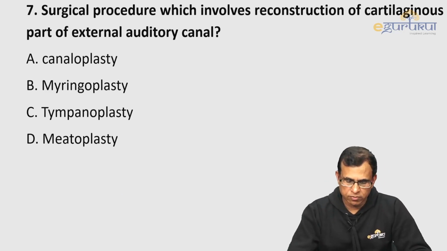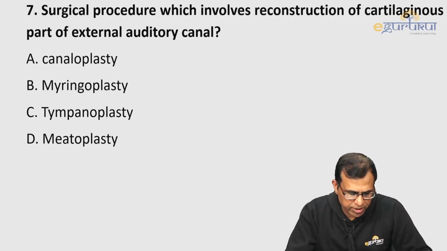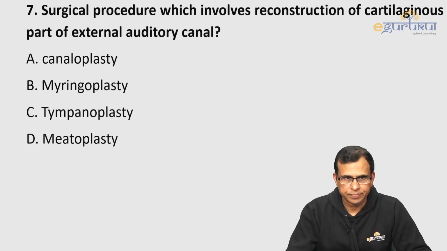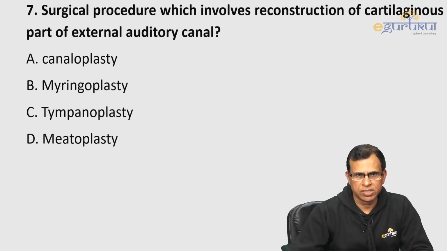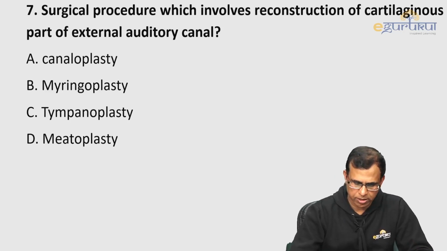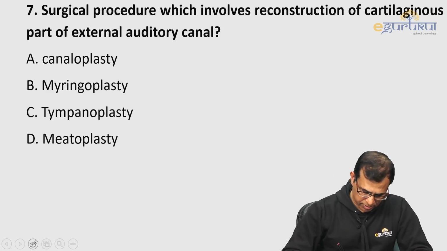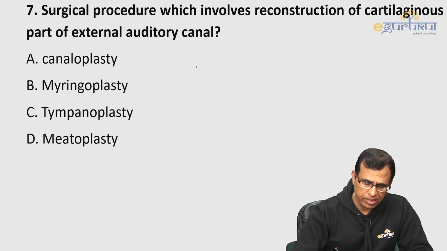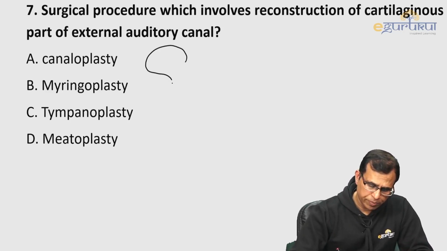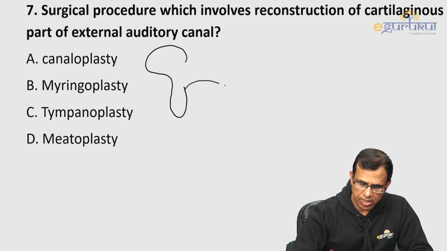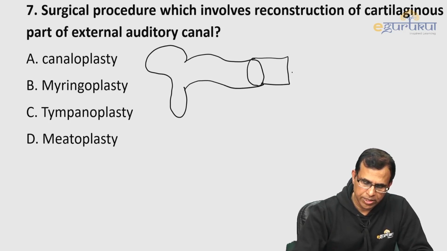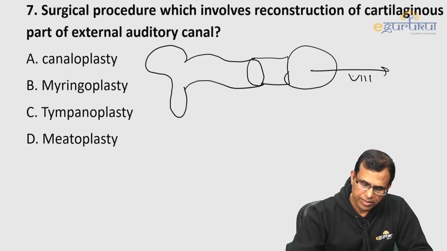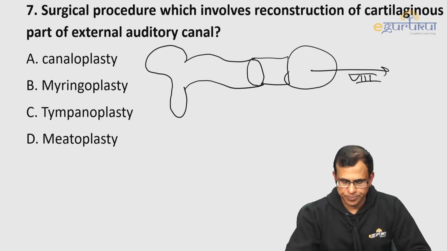Surgical procedure which involves reconstructing the cartilaginous part of the external auditory canal: canaloplasty, meringoplasty, tympanoplasty, meatoplasty. Now, whenever I start my lecture, almost always the first diagram that I draw, I call it pinna, canal, tympanic membrane, middle ear, inner ear, eighth nerve carries a signal to the brain.